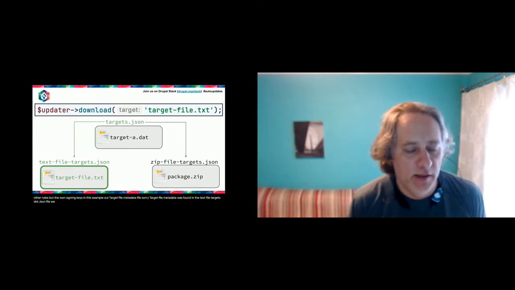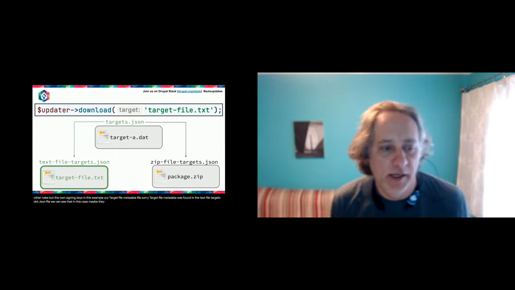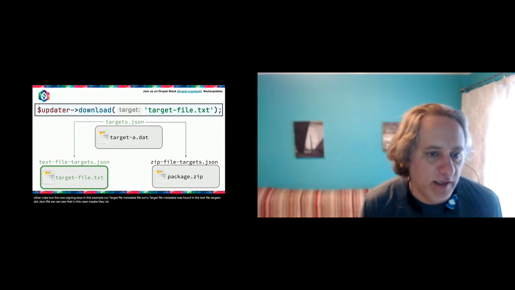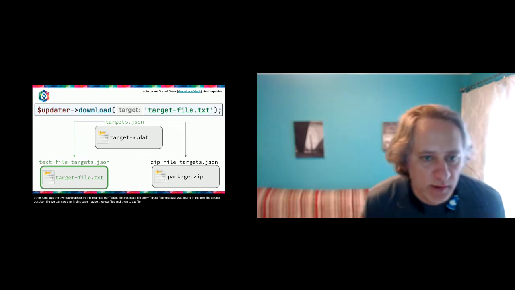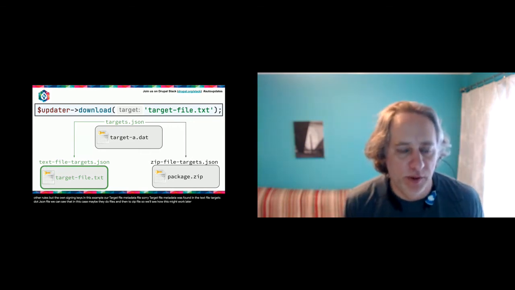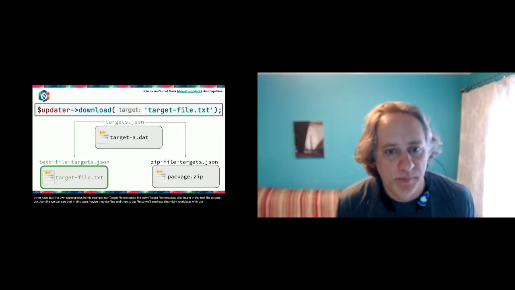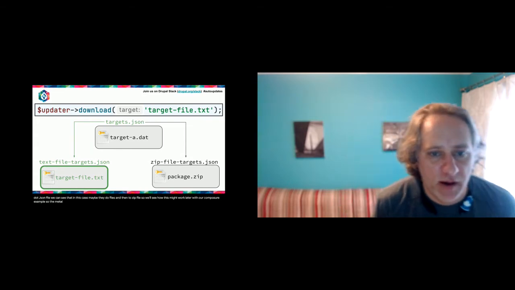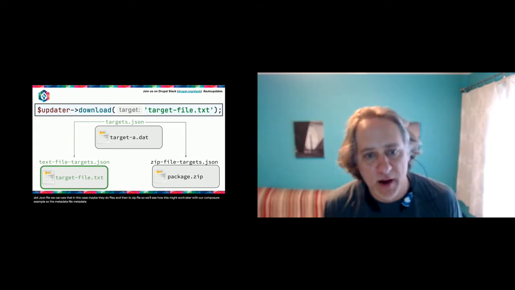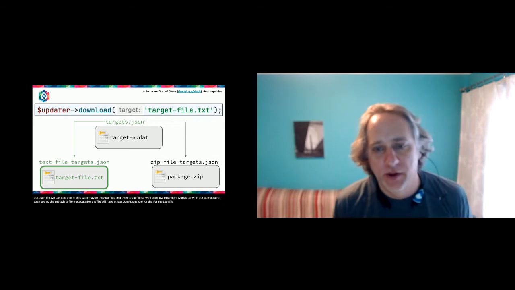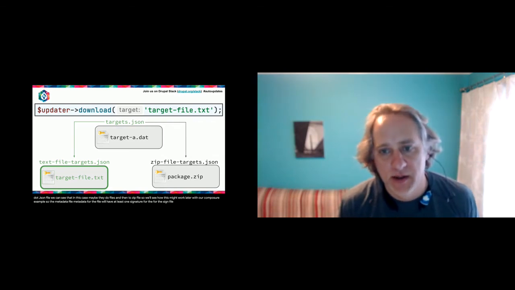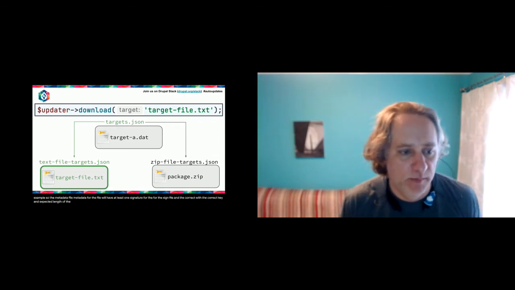We can see that in this case, maybe they delegated the signing to text files and then to zip files. So we'll see how this might work later with our Composer example. The metadata for the file will have at least one signature for the signed file with the correct key and the expected length of the file.